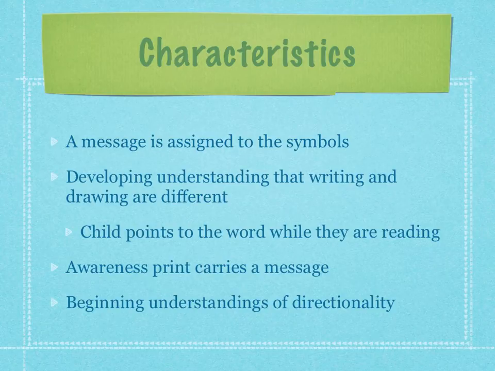They're not necessarily pointing to the picture as they're telling their story anymore, as opposed to the earlier category. They're pointing to the words, what they conceive as words, right? And this shows us that they have an awareness that print carries a message. And it should also help us see a beginning understanding of directionality, left to right, top to bottom, although that doesn't always necessarily happen.